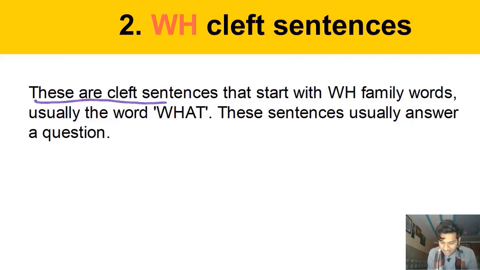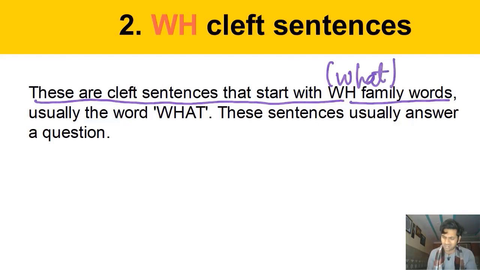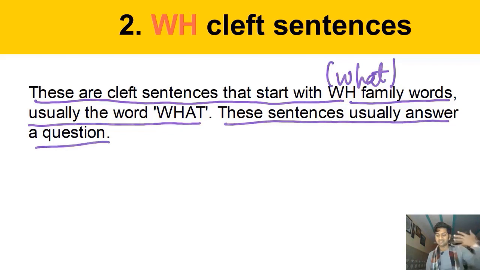They can also start with how, where, when, something like this, right? But usually with the word what. These sentences usually answer a question. We frame the sentence in this way generally to answer a question, right?